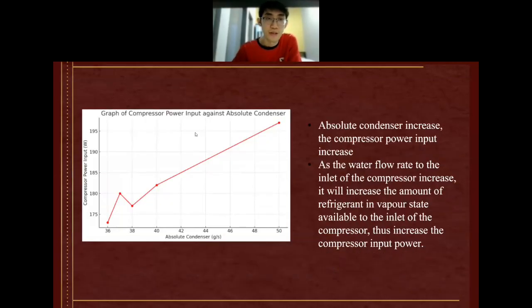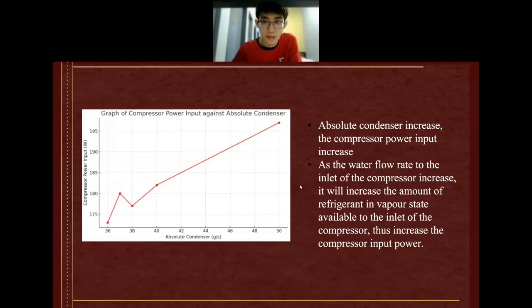Next, we'll discuss the relation between compressor power input and the SLU condenser. Here's a graph of the compressor power input against the SLU condenser, where the y-axis is compressor power input and the x-axis is SLU condenser. From the graph overall, we can say that as the SLU condenser increases, the compressor power input also increases.